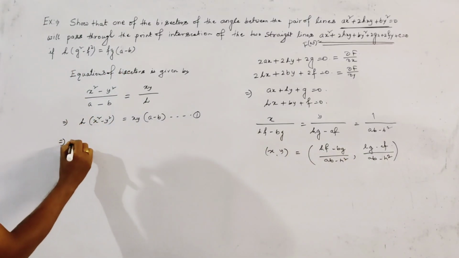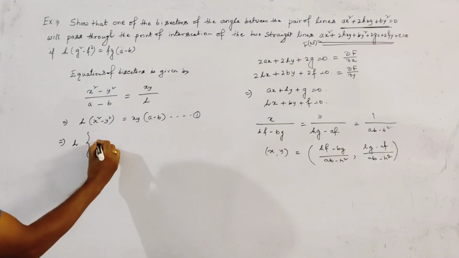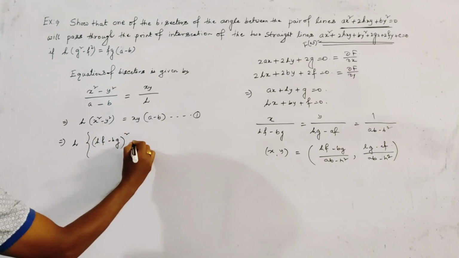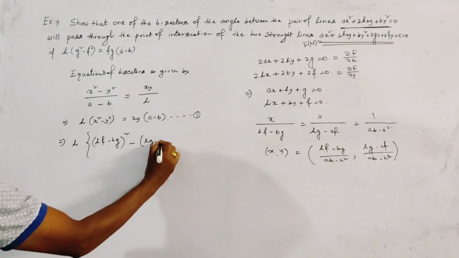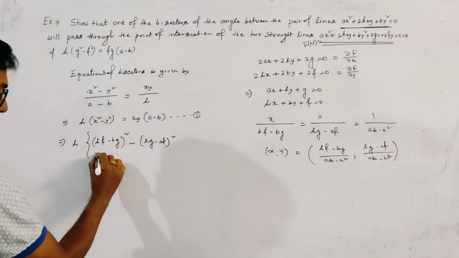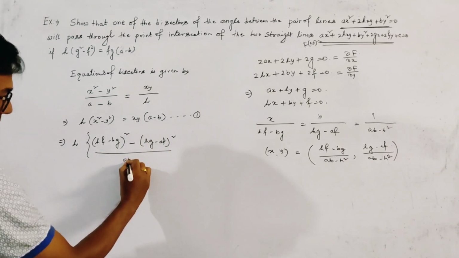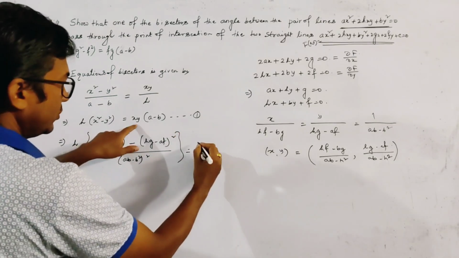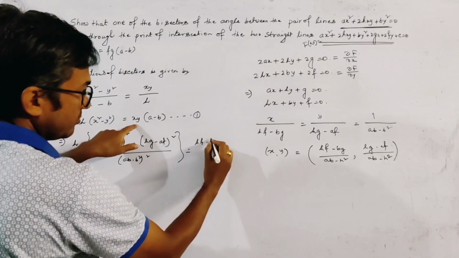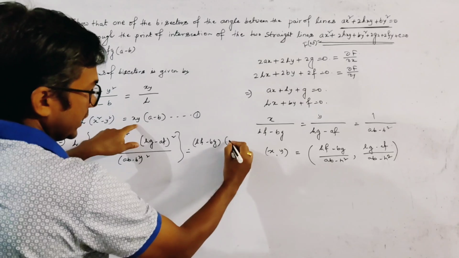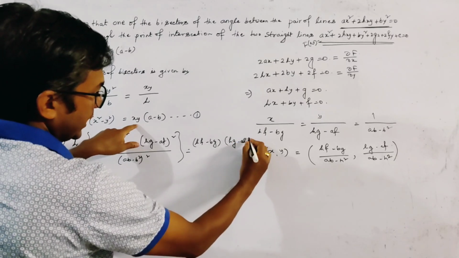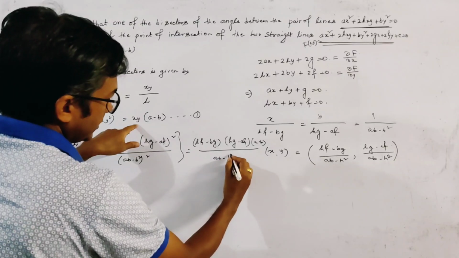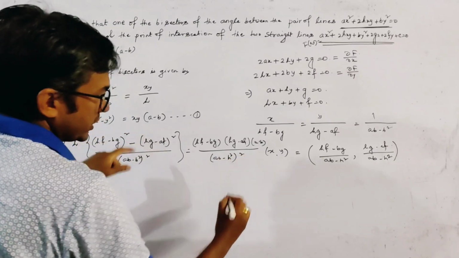We get the result as h into [(hf minus bg) whole square minus (hg minus af) whole square] by (ab minus h square) whole square, and the right side is equal to (hf minus bg)(hg minus af) into (a minus b) by (ab minus h square) whole square.